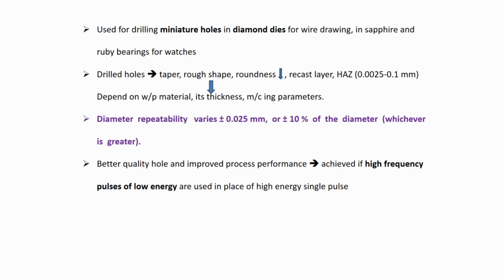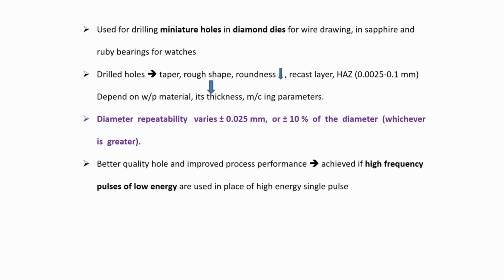Drilled holes may be tapered, with rough shape and reduced roundness. A recast layer is present on the drilled holes, and the heat affected zone is 0.0025 to 1.1 millimeter. It depends on the workpiece material, its thickness and machining parameters. Diameter repeatability is plus or minus 0.025 millimeter, or plus or minus 10% of the diameter, whichever is greater.